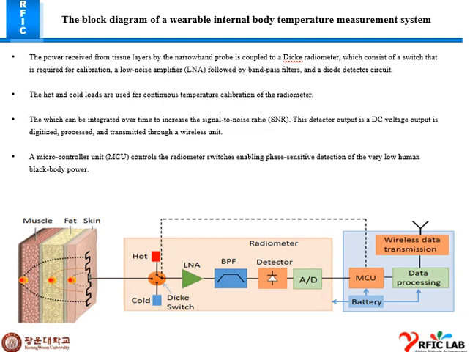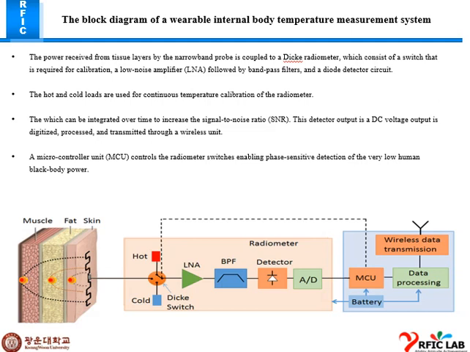The power received from the tissue layer by the narrow broadband probe is coupled to a radiometer, which consists of a switch required for calibration, a low noise amplifier, followed by a band pass filter and a detector circuit.